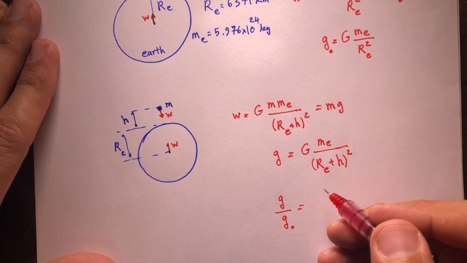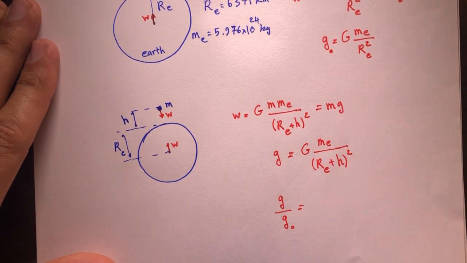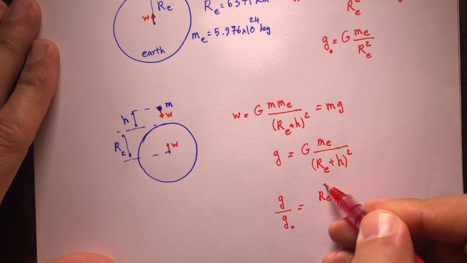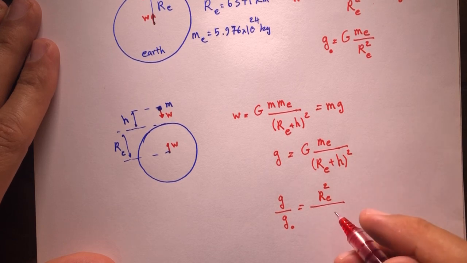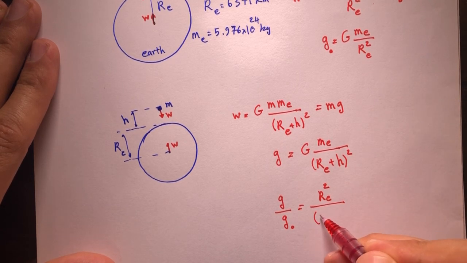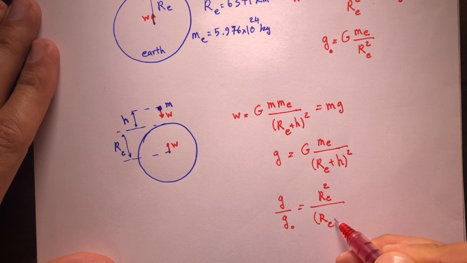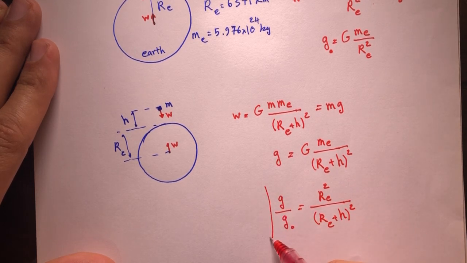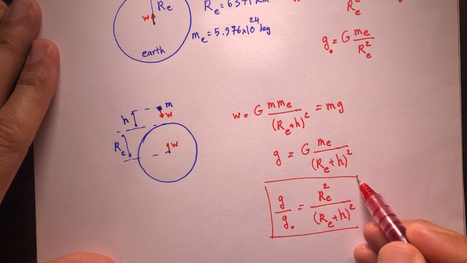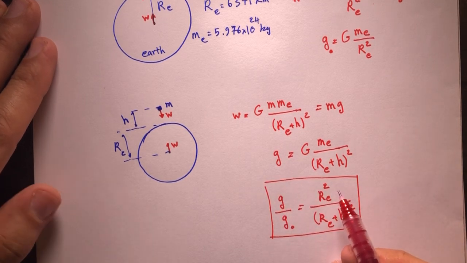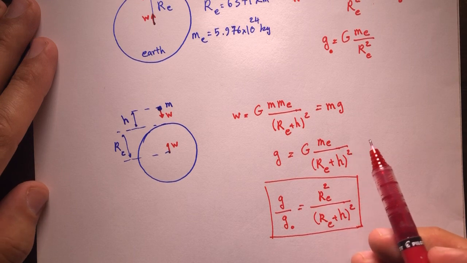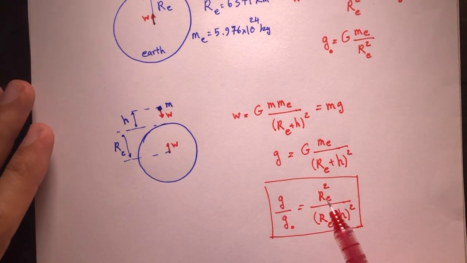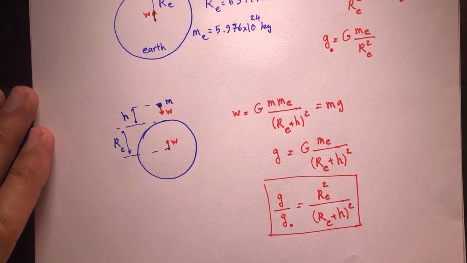We are going to have g divided by g naught equal to the radius of the Earth squared divided by the radius of the Earth plus h, squared. This is a useful equation to find the gravitational acceleration at different altitudes, for example, for a satellite or anything else.